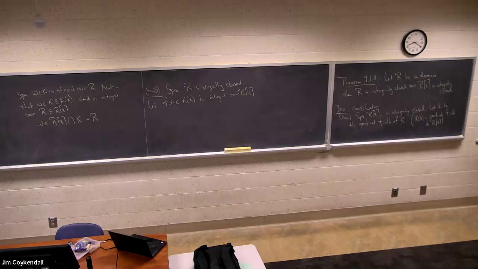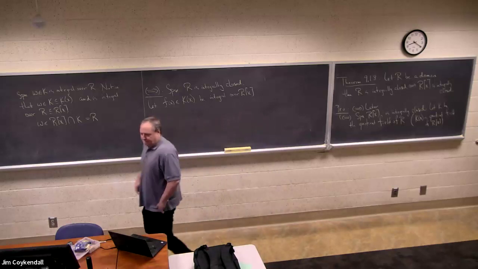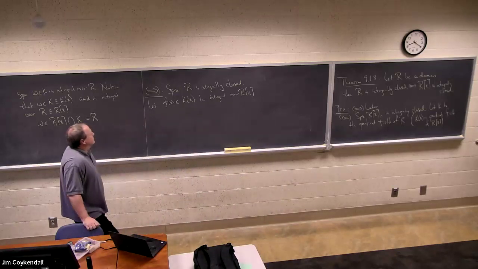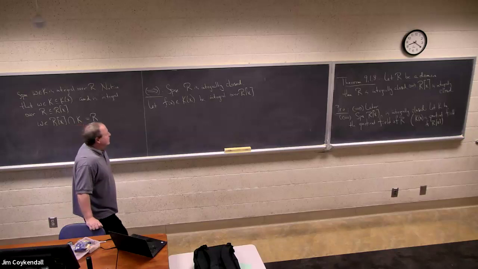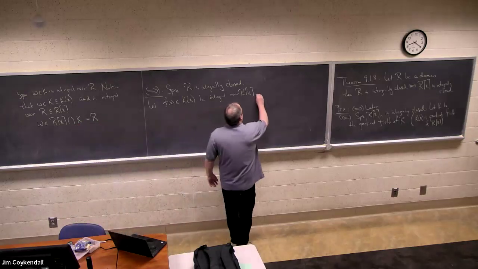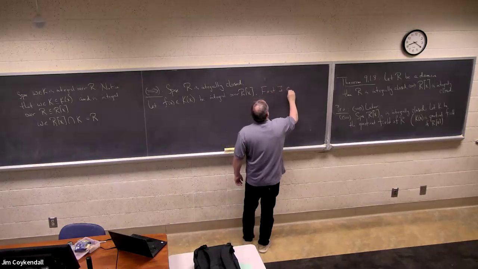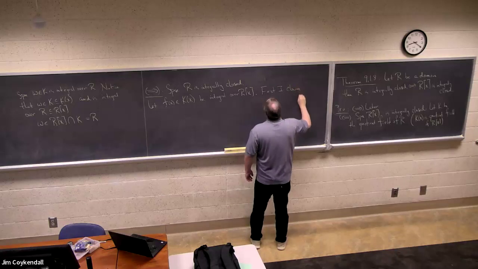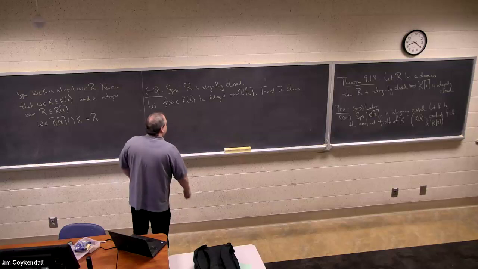And I want to show that f(x) is actually a polynomial. So this is any old rational function. But f(x) could be any old rational function.